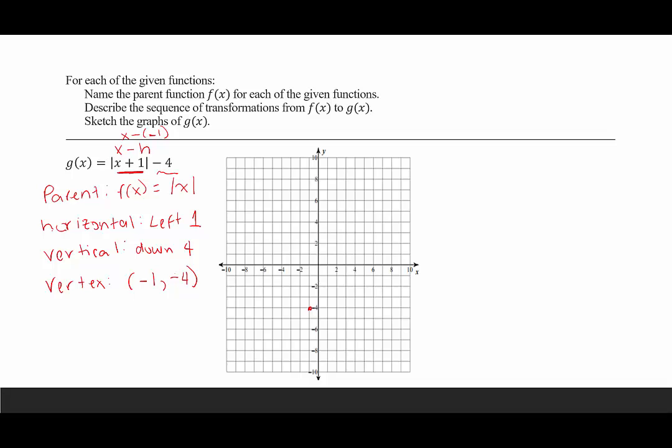Well, the coefficient is 1. So that indicates there are no non-rigid transformations, which means from the vertex we can find more points: up 1, over 1, up 1, to the right 1, over 1, to the left 1, up 1, to the right 2, up 2, to the left 2, up 2.